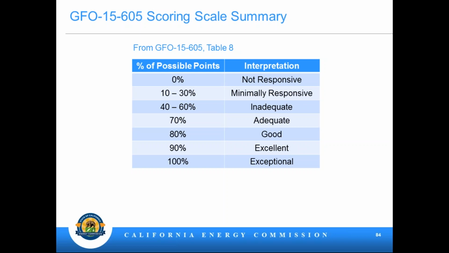And the evaluation team gives scores in increments of 10, so 0, 10, 20, 30, and so on. And you can see that the 70% is that adequate range, and anything above that is considered the passing, the good, the excellent, the exceptional responses, and then below that is the non-passing scores.